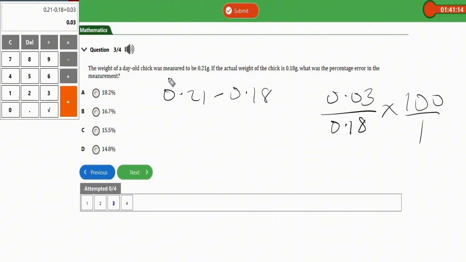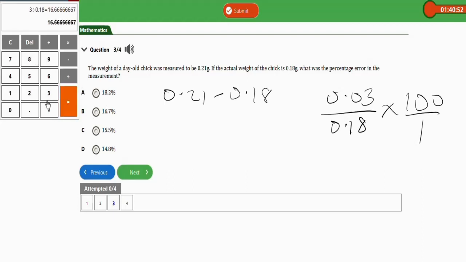So let's punch this on the calculator. This is going to give us 0.03 times 100. So we have 3 divided by 0.18.